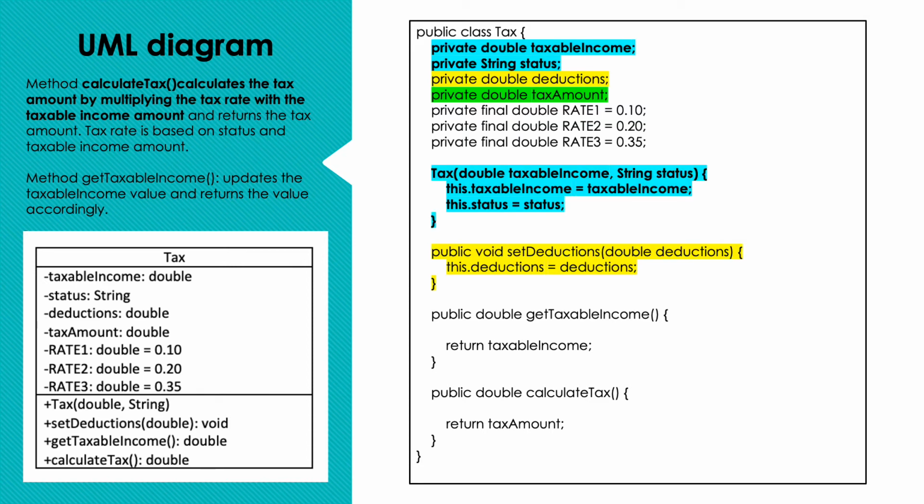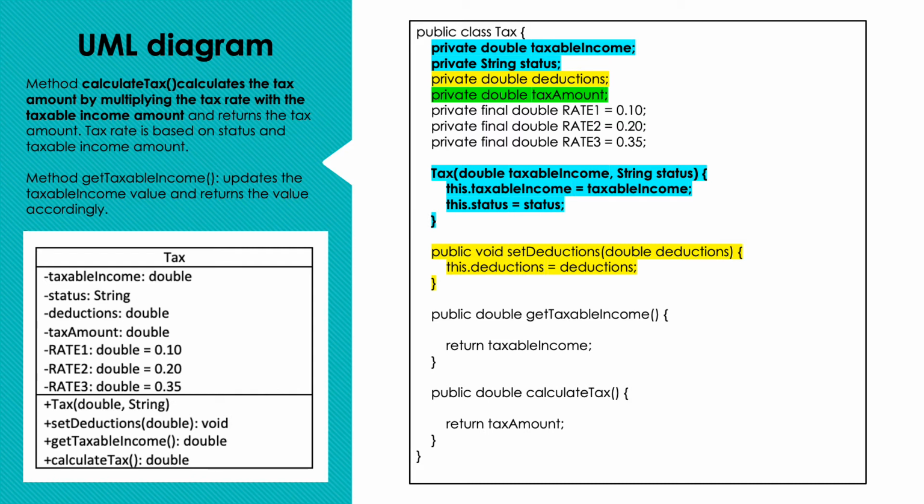If we look back at our variables, we can see that we have used private double deductions and also private double taxAmount. So we know that the other two variables are what we should write in our constructor. So we know that our constructor will take in two inputs. The first one is type double, so it would be the taxable income.